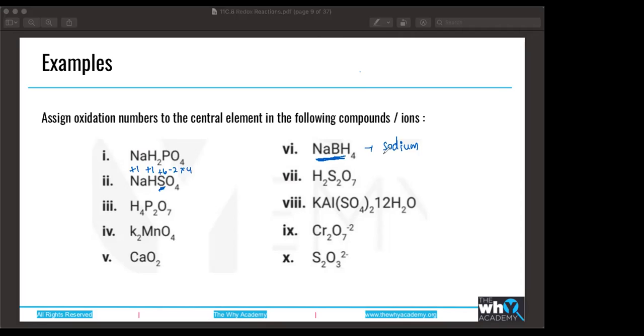Wow, good. Sid has already got it. So find out the oxidation state of boron. Maya's got it.